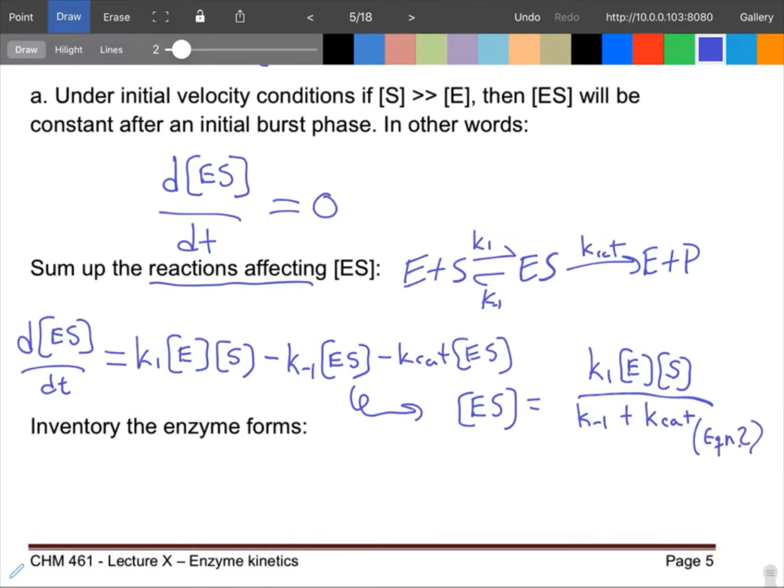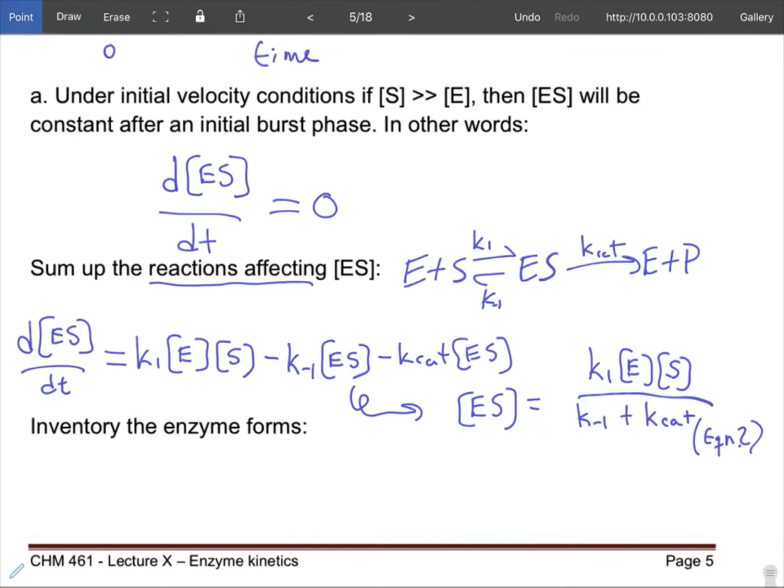So we have re-expressed ES in terms of other things. We know how much substrate we added to a reaction. We don't really know how much free enzyme is in there though, so we need to somehow relate this free enzyme to total enzyme, because some of the enzyme is bound up in the enzyme substrate complex, so free enzyme is a tough one to figure out.